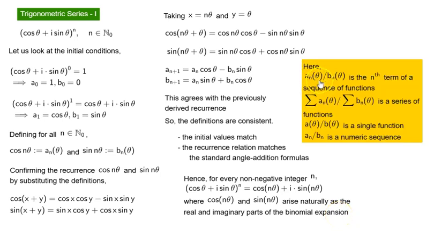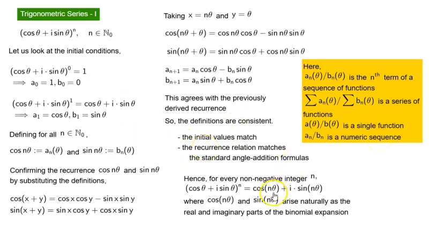Here, a_n(θ) and b_n(θ) are the nth terms of a sequence of functions. The series a_n(θ) and b_n(θ) is a series of functions. A(θ) or B(θ) is a single function, and a_n or b_n is a numeric sequence. Quite abstract, right?